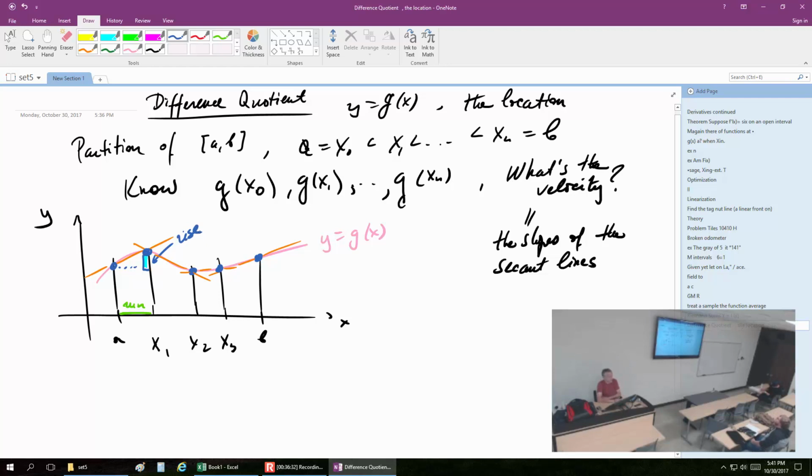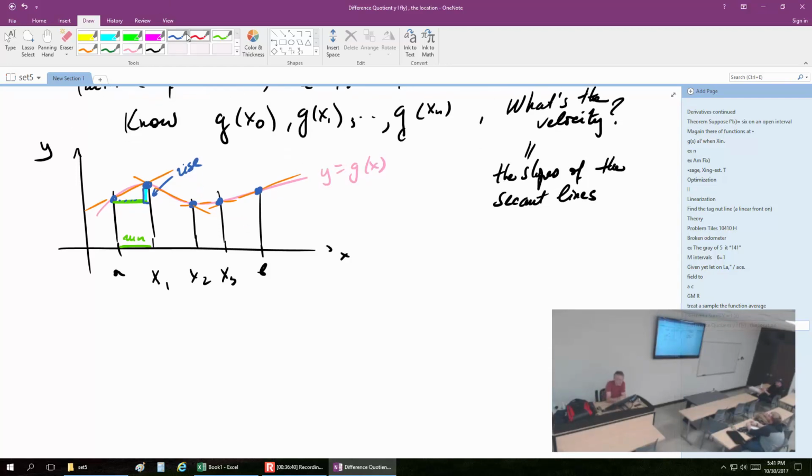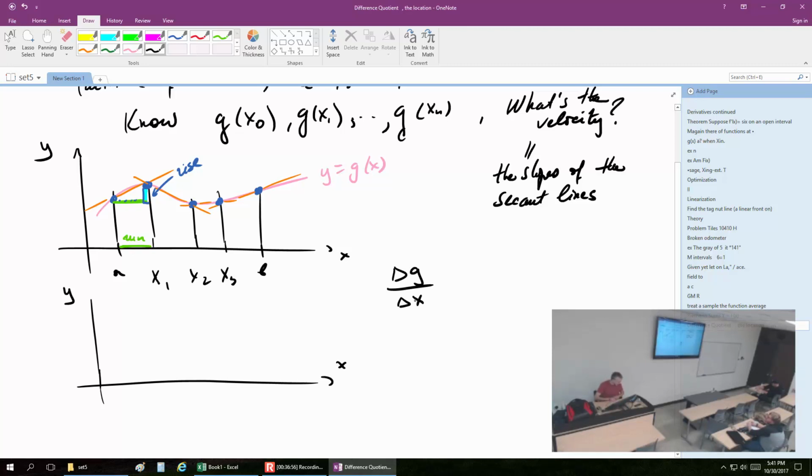So for each of the intervals the computation is transparent. And the good news is that the result is a function. Okay, except where do these values go? Well, let me first write out the formula.